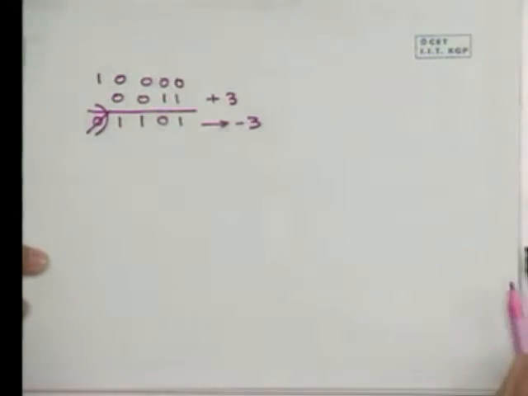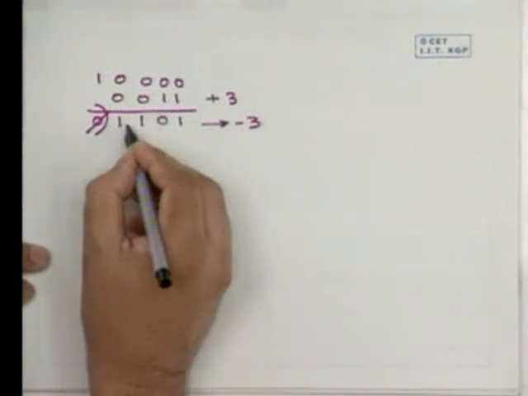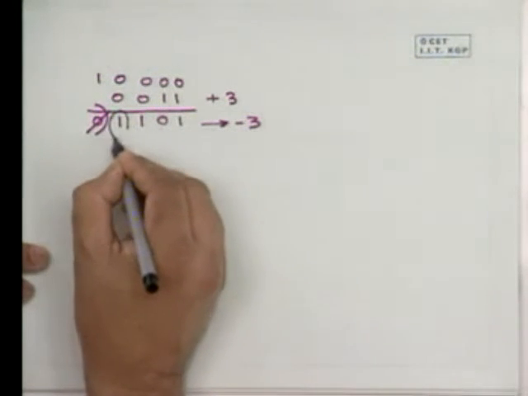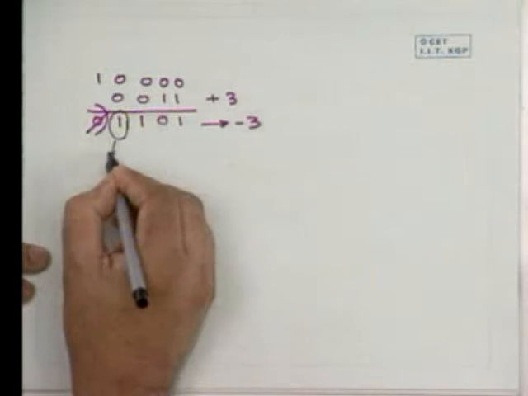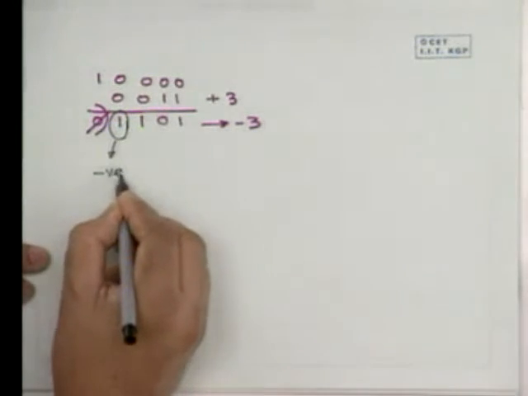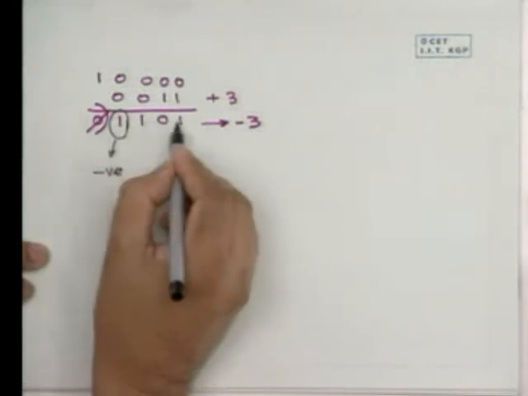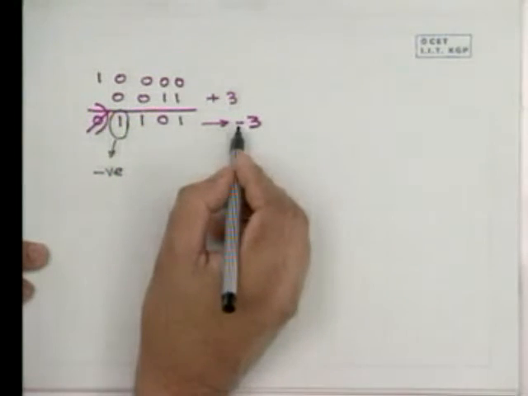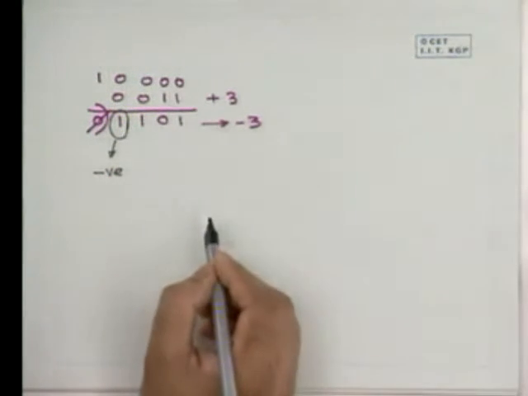Now, if we examine this, we see that the sign bit is represented by 1 to say that it's negative, and this total thing represents minus 3 in 2's complement form.